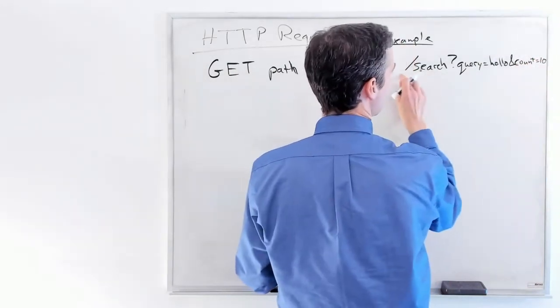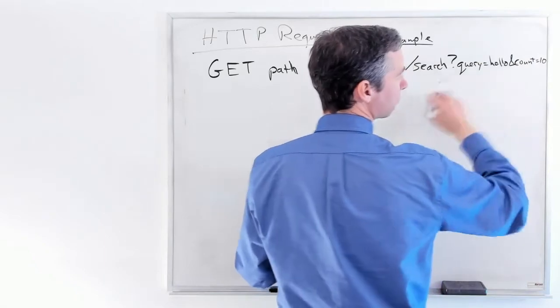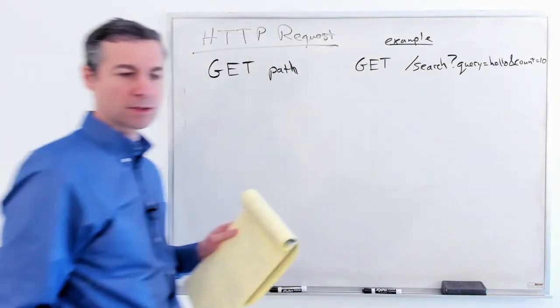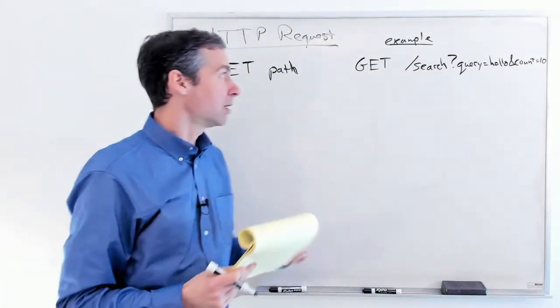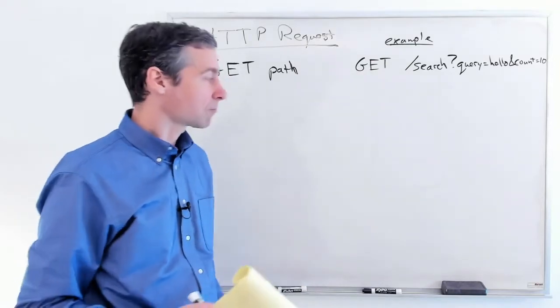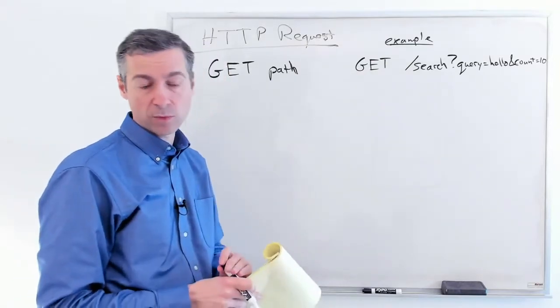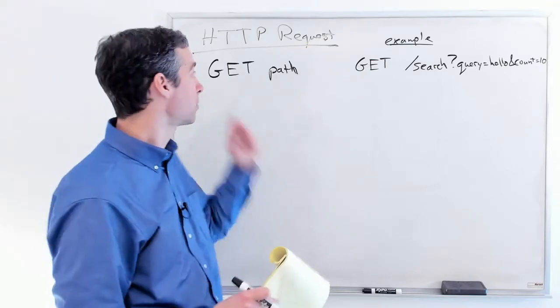So there's some sort of whole path thing that's given to us along with the GET. All right, so that's one type of request.